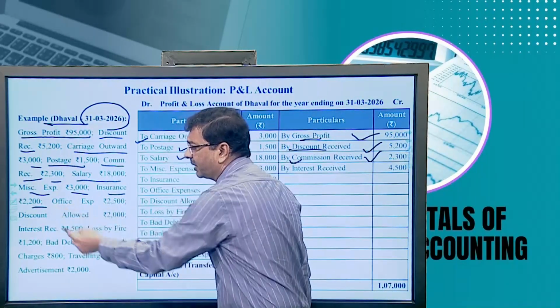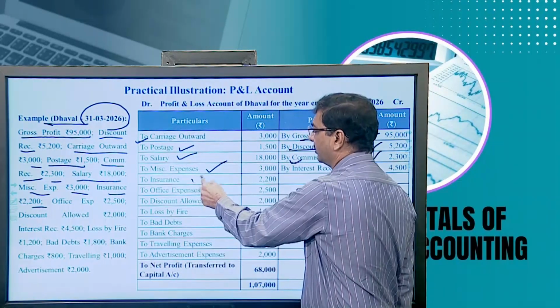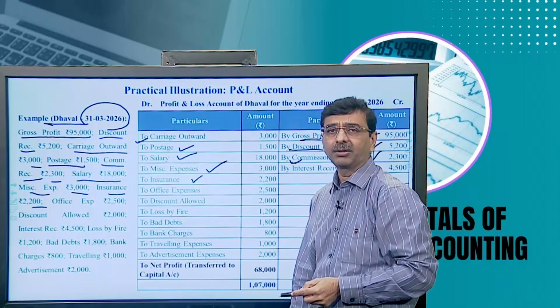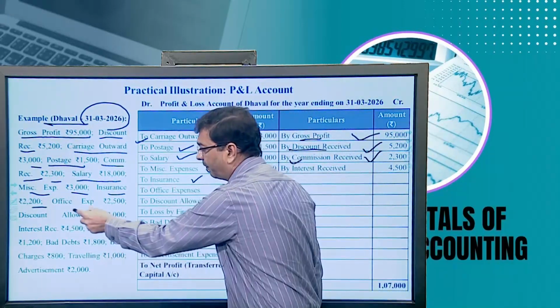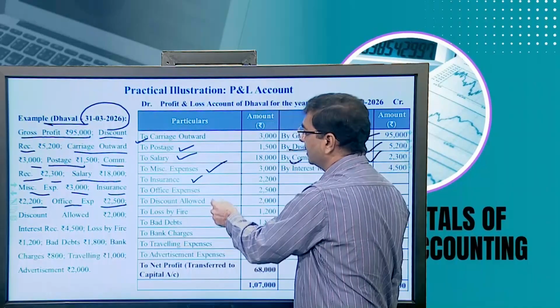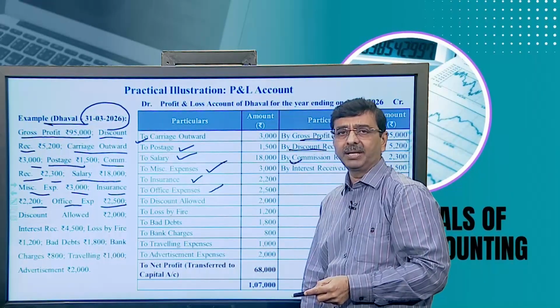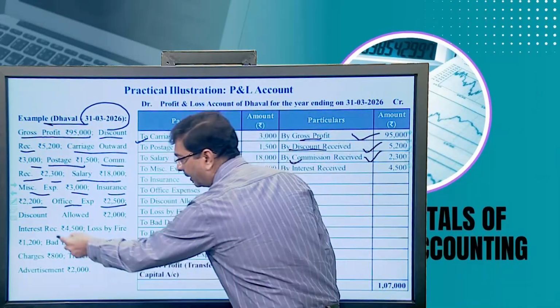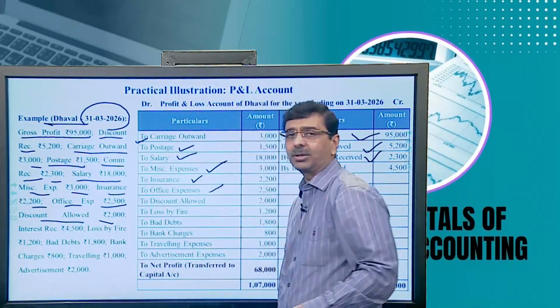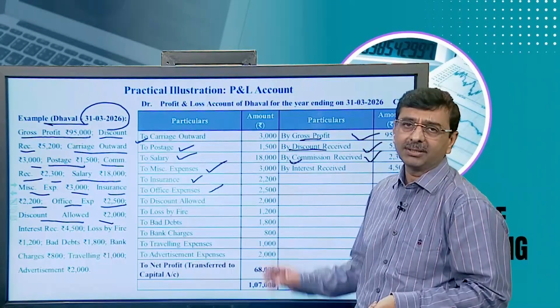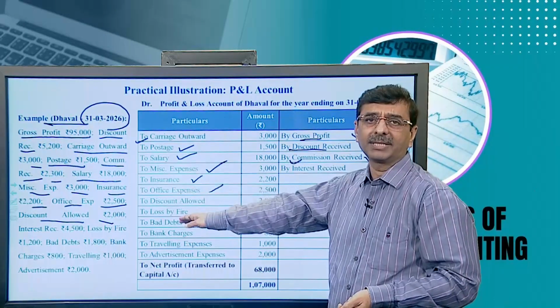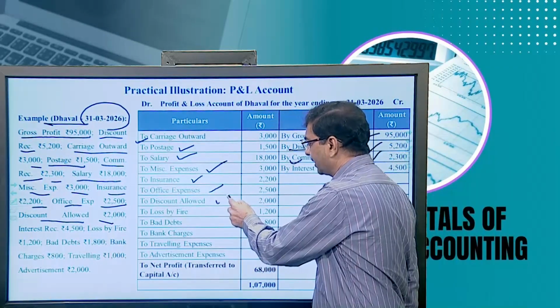Insurance, it's not mentioned here, but it is always an expense. So, insurance premium, profit and loss account debit. Office expenses, again considered an expense, P&L account debit. Discount received is income and discount allowed is an expense. So, discount allowed, expense, debit.